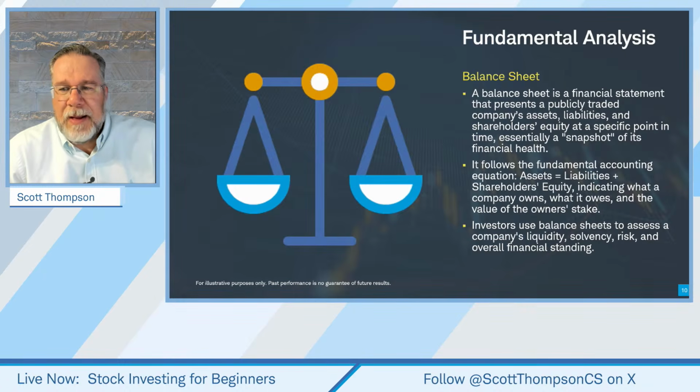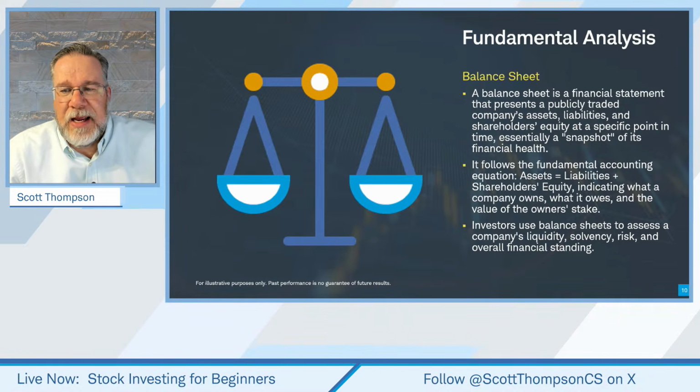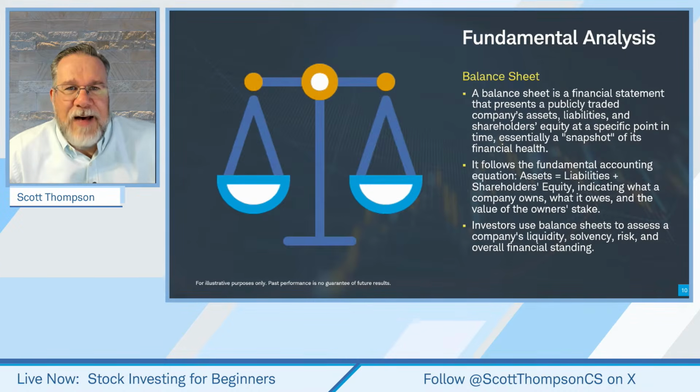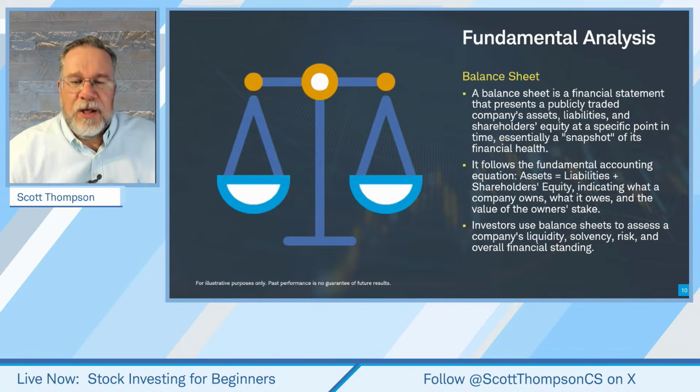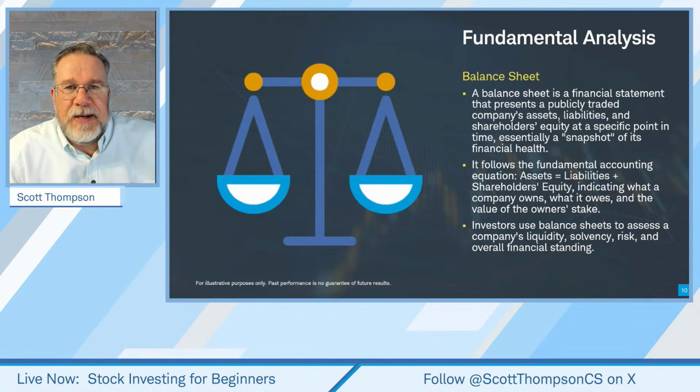It follows the fundamental accounting equation: assets equal liabilities plus shareholder equity, indicating what a company owns, what it owes, and the value of the owner's stake in the company. Investors, and mostly investors rather than traders, use the balance sheet to assess the company's liquidity, solvency, risk, and overall financial standing.